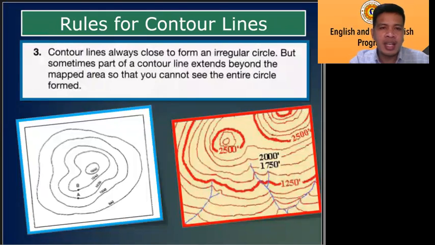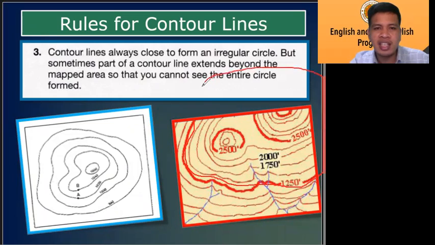Number three, contour lines always close to form an irregular circle. Like this one. But sometimes part of the contour line extends beyond the map area so that you cannot see the entire circle. Like in this example, this one here, 1,250.